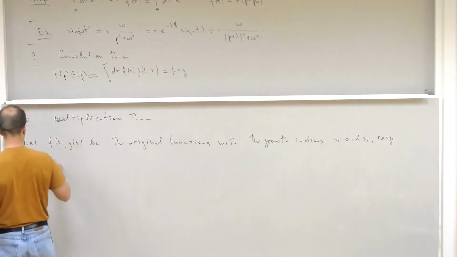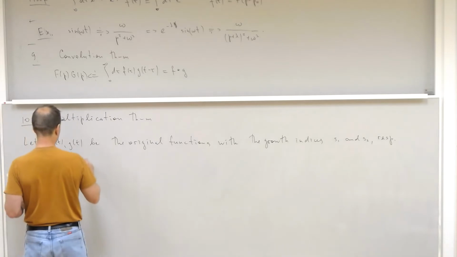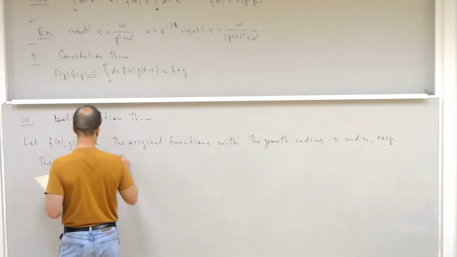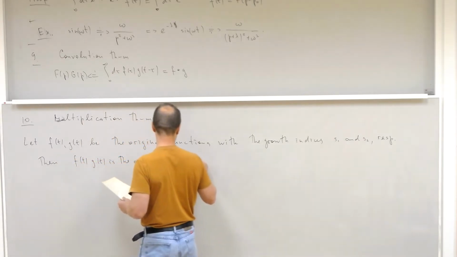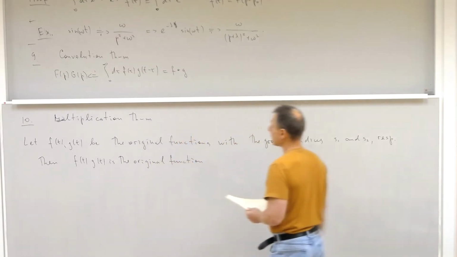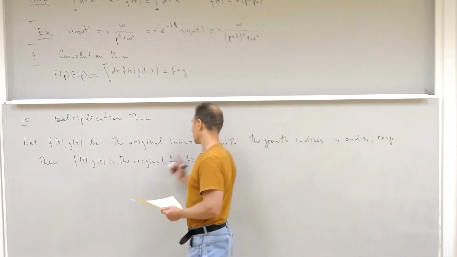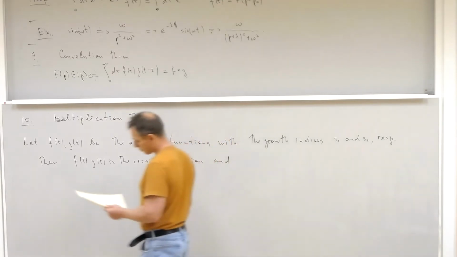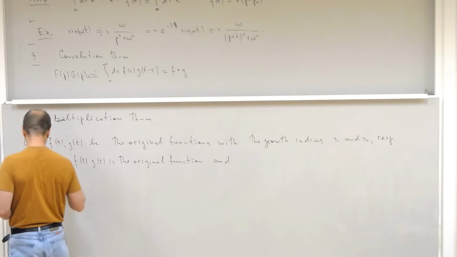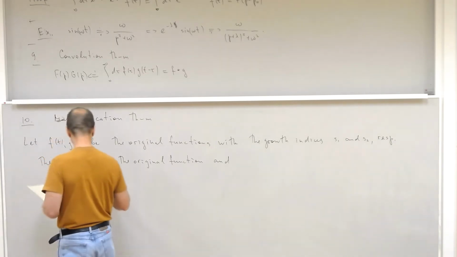Then the product is an original function. It satisfies the three properties which were imposed on the original functions, and the Laplace transform of this product is given by the following convolution.